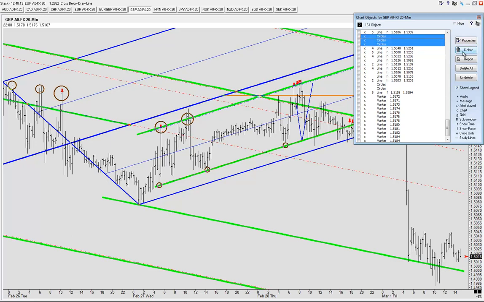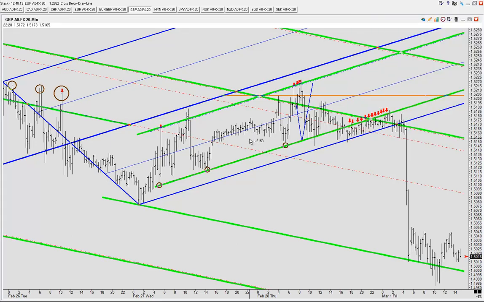Well, I'm struggling to find where these circles are. Anyway, if something happens on a regular basis, support, resistance, resistance, support, resistance, support, resistance, resistance, support, support.